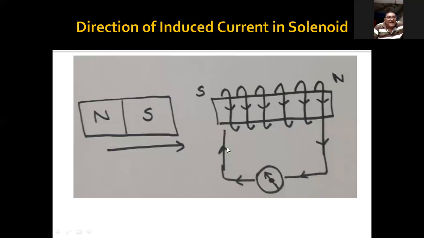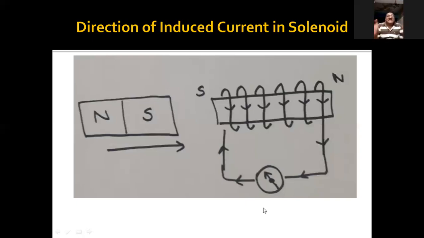Put this arrow, and this arrow. So now I know that the current is flowing from right towards left. Once you know that the current is going from right to left, the pointer of the galvanometer will also deflect towards left.